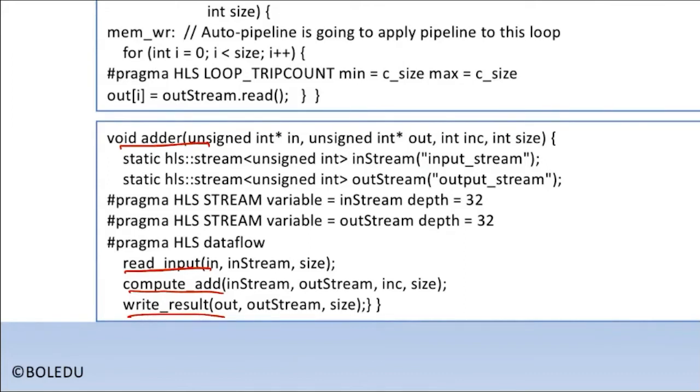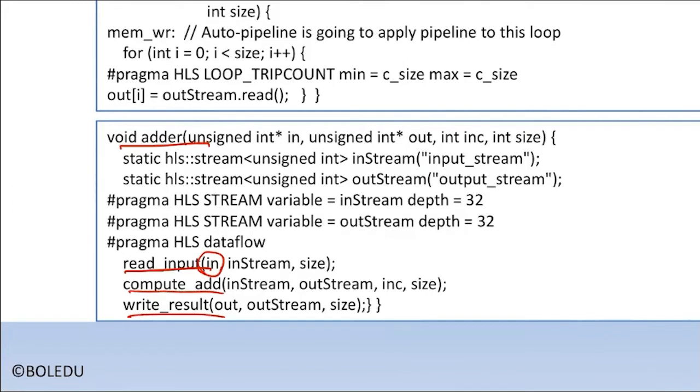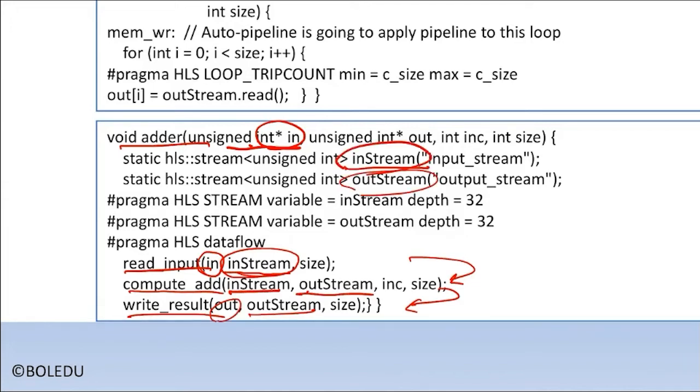So when you use the data flow for functions, you create that the in is the input, and then it outputs to the in stream. So there is a stream interface between the functions. The in stream generates the out stream, and the out stream generates the output. So in here you create two streams, in stream and out stream, used to connect these functions.